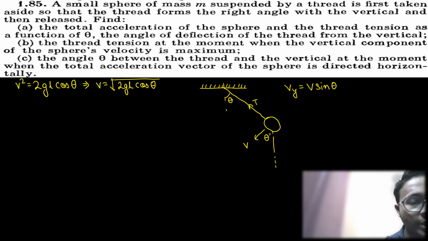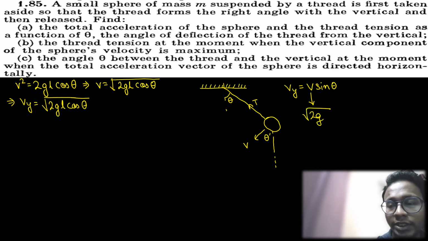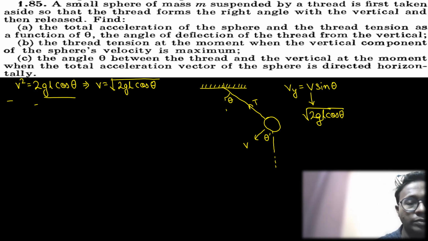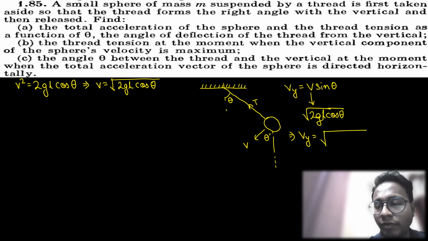So here, V would be the square root of 2gl cos theta, which is the value of velocity, into sin theta. So Vy is equal to the square root of 2gl cos theta into sin theta.